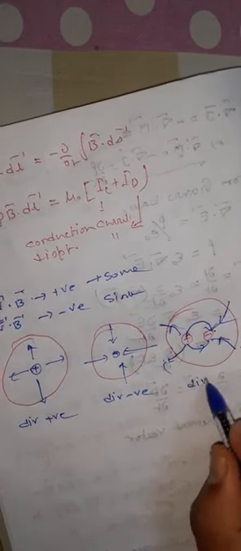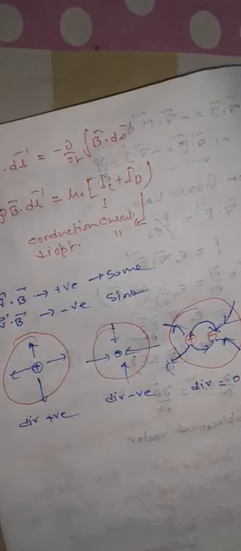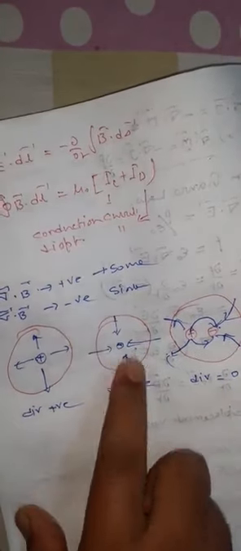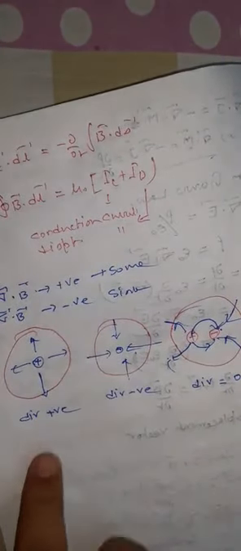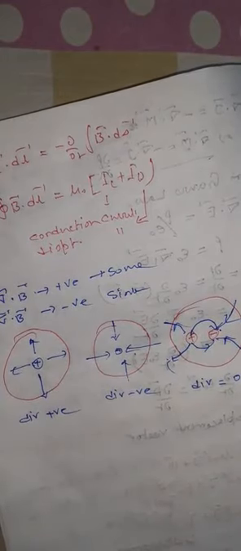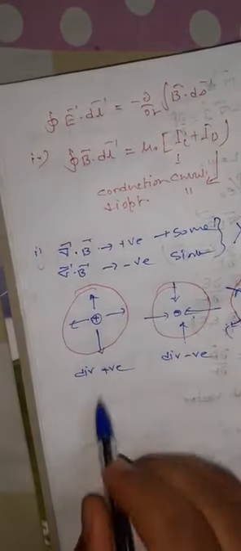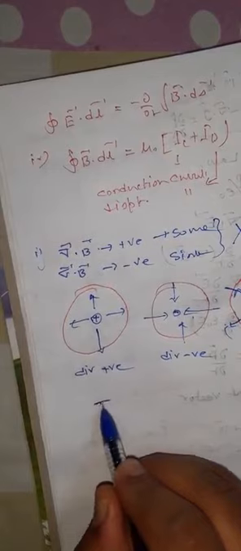So divergence is 0. Now for electric field, I can have one positive charge or one negative charge individually, so I can have divergence positive or negative. But for magnetic field, these two cases do not exist. So it is always divergence of B is 0.